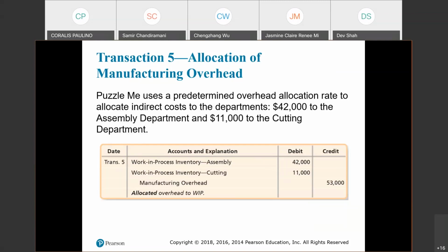So we debit each WIP inventory account for each department and credit manufacturing overhead.